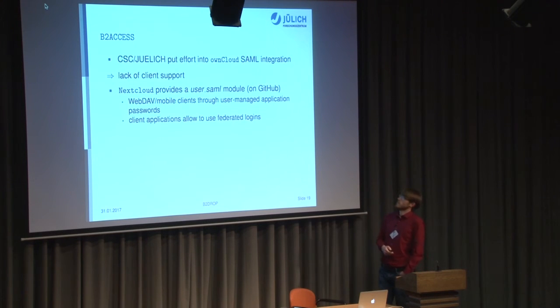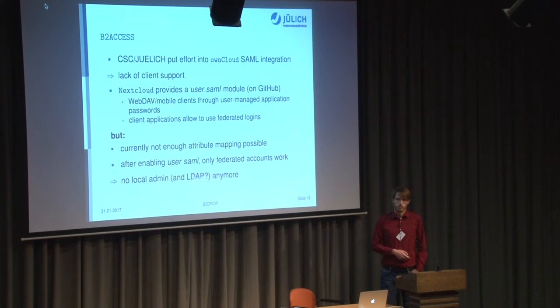With Nextcloud, there's a user_saml module that we had a look at. It looks quite promising for our use case because all clients work due to application passwords that you're able to define. One problem that we see with that is, currently, I think they are at an early state, we have to map different attributes for email, for username, and so on to use within our B2DROP instance.